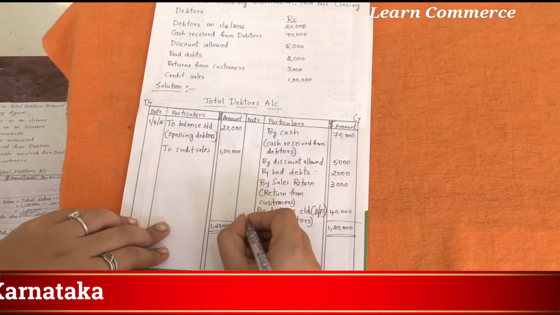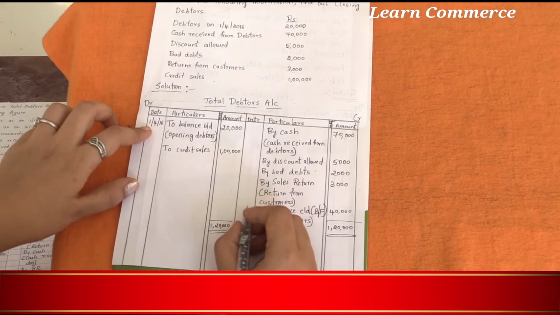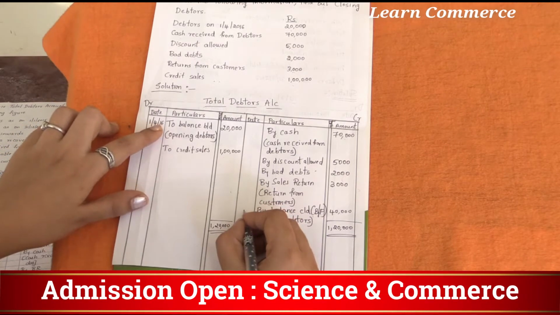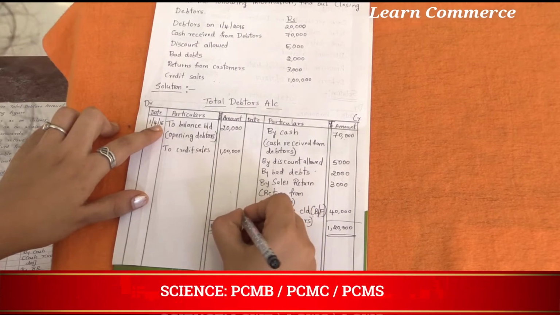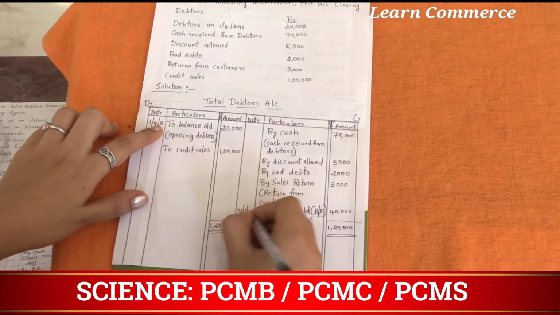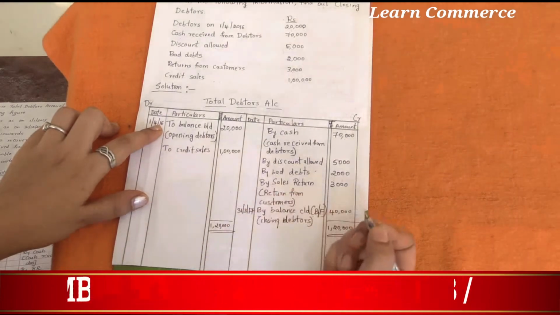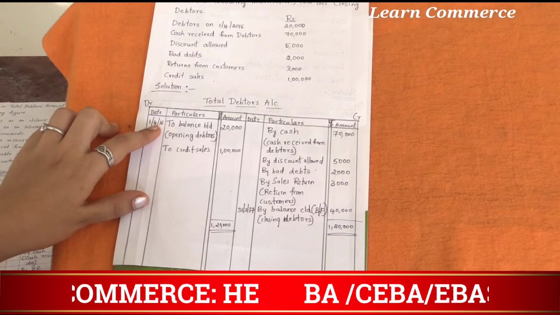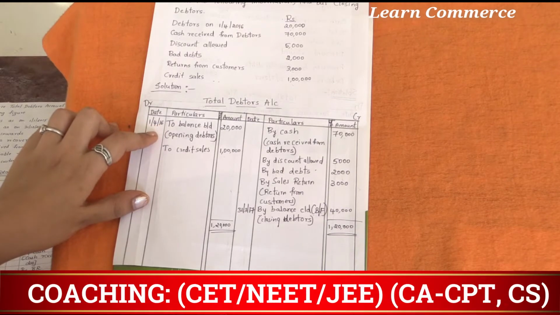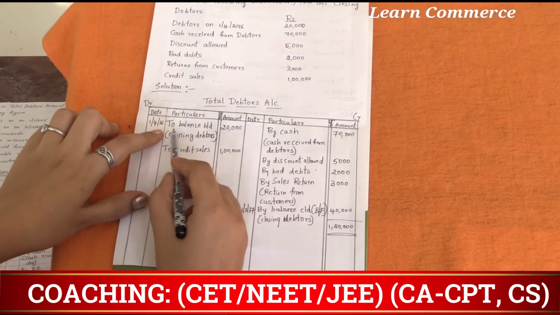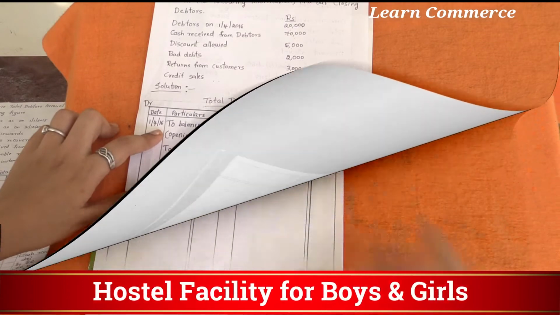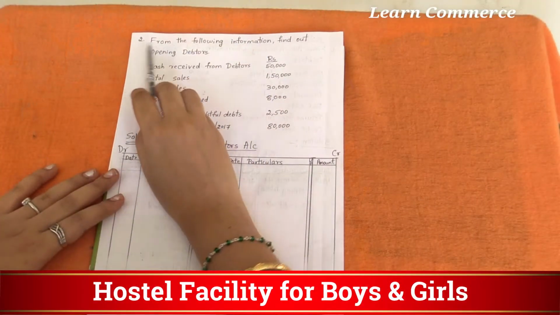Okay. Here we can give the date. The starting date will be 1st April 2016, so the ending date will be 31st March 2017. This problem relates to total debtors account, a 6 marks problem. Here the opening balance is to balance brought down. That's why the closing balance is always by balance carried down.